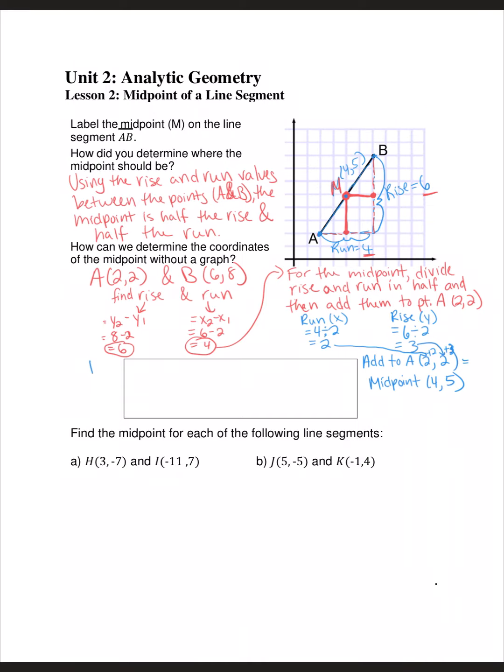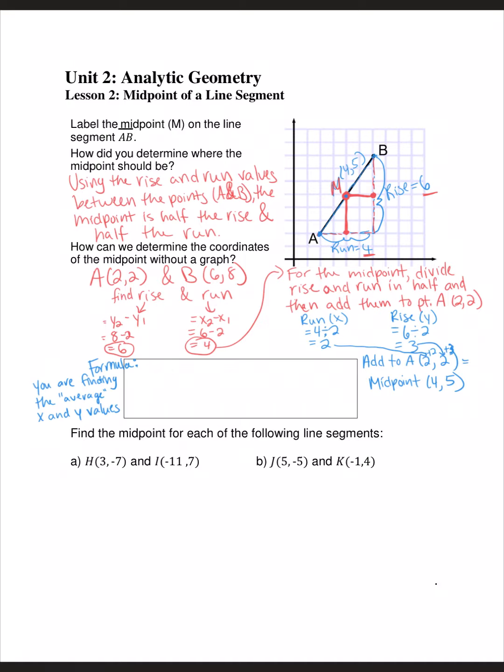So if we were to come up with a formula, we're going to put our formula in this box, just like we did for the distance formula. What we're doing is finding the average of the x and y values.